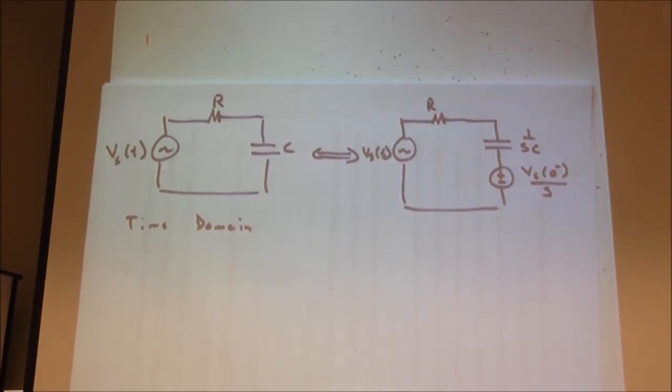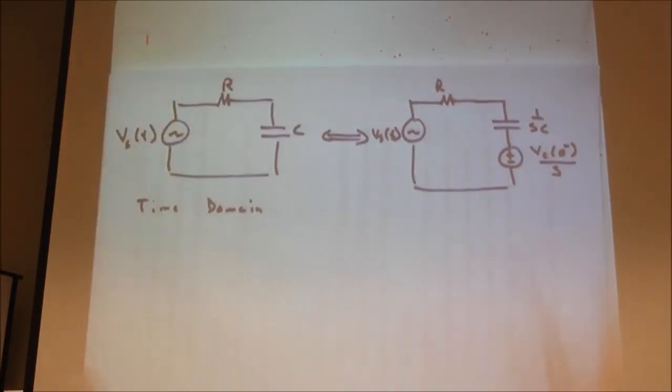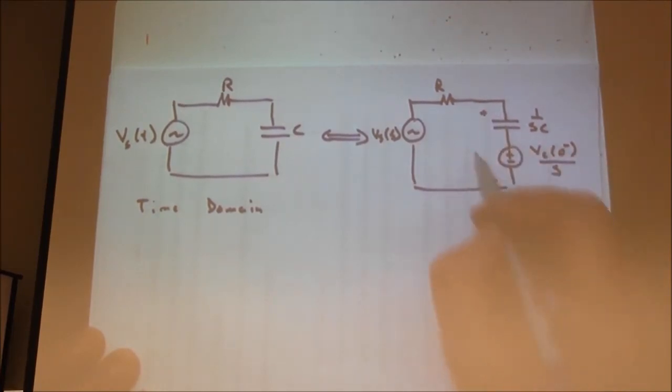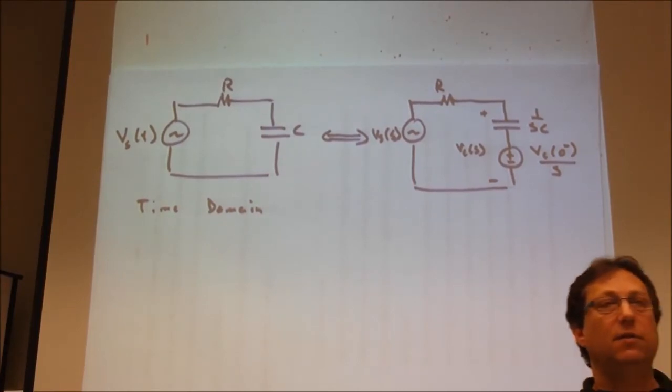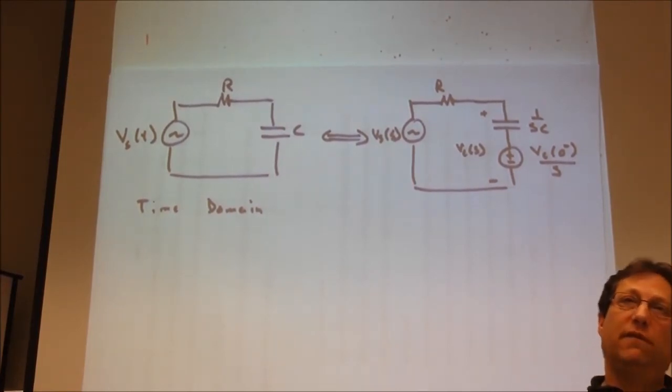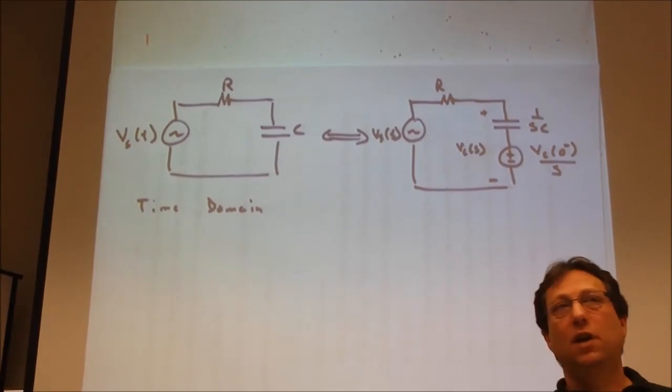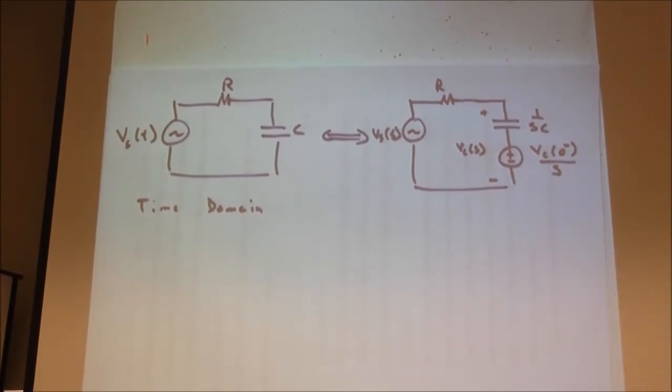So there's our circuit. Now the question again, what is VC of S? Well, VC of S is again this. So the voltage across the capacitor is the voltage across both those components. Something you want to emphasize because it's caused some trouble in the past. It's the voltage drop across the capacitor in the S domain plus the initial condition term.